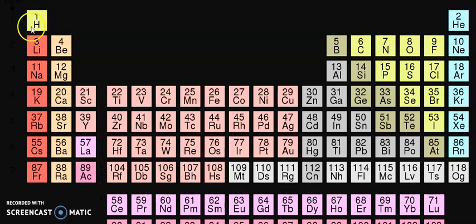Each symbol represents an element. So here we have hydrogen, helium, carbon, nitrogen, oxygen. Each symbol represents one specific element.